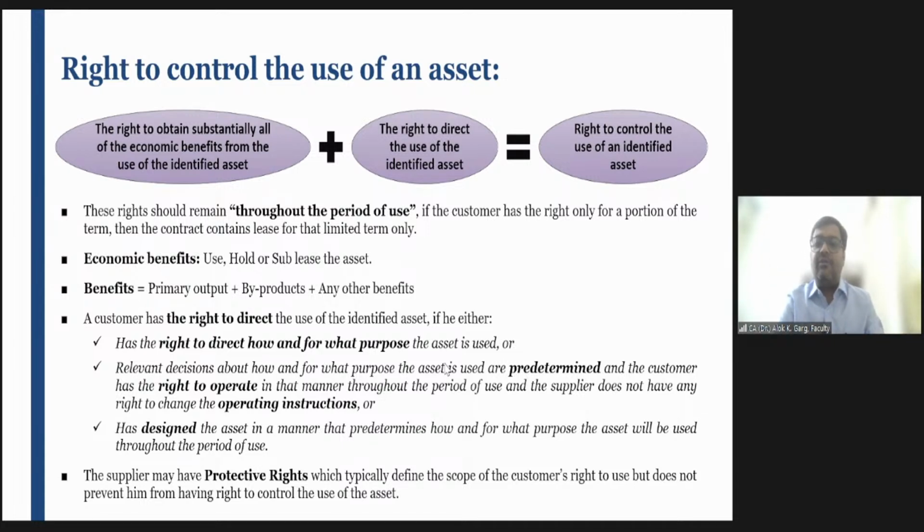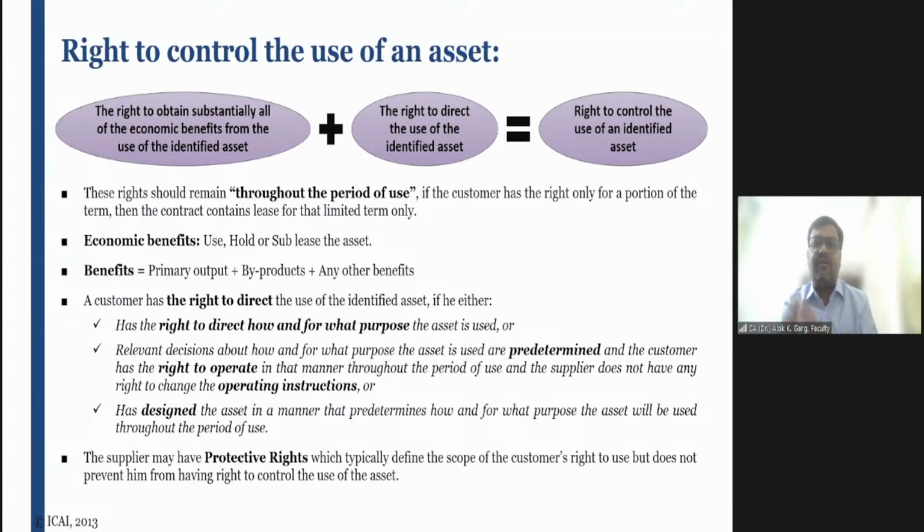So friends, when I'm saying right to control the use, two conditions need to be seen in the contract. For example, you are auditing a client where there is a lease contract, where your client has taken a machine on a lease basis, and you are arguing whether the lease accounting under Ind AS 116 has to be there or not.